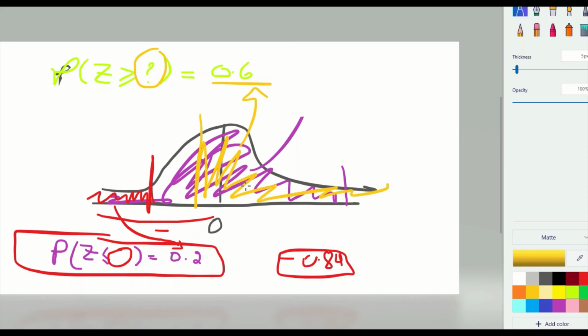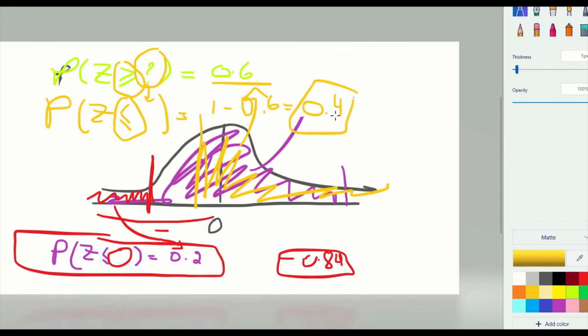Well, if the orange shaded area is 60%, how much would be below the area? 40%. So you can easily say that means less than the same value right here. However, I changed it, right? So instead of greater, I made it less than or equal to 1 minus 0.6, and that gets you 0.4. So now you're looking for an area of 40%, and that will get you the Z.